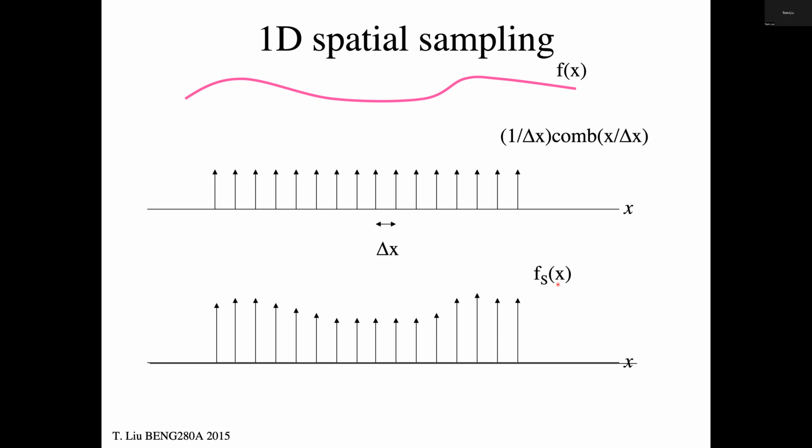Remember, this sampled version is still a continuous function of x, right? It's defined everywhere. It just happens to have the values of this continuous function at these individual x values, okay? But it's still defined everywhere. It isn't just a set of numbers, right? It is in fact a function of x. And so in terms of doing calculus and integration and things like that, we want a function of x. We don't just want a set of numbers, right?